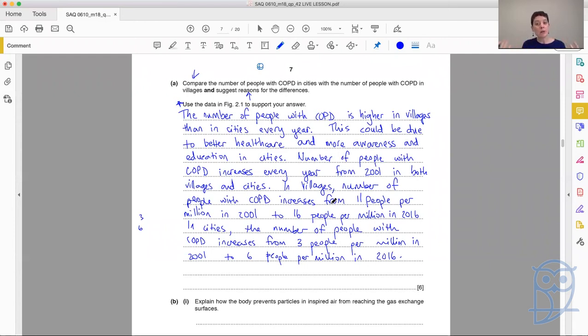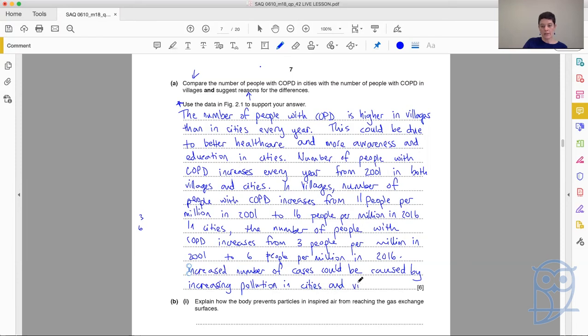With increasing pollution, you're going to have increased COPD. Okay, so increased number of cases could be caused by increasing pollution in cities and villages.